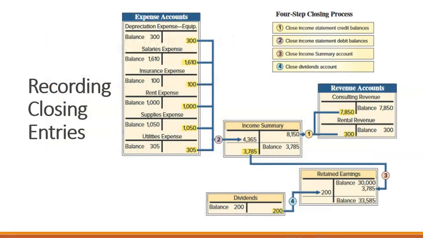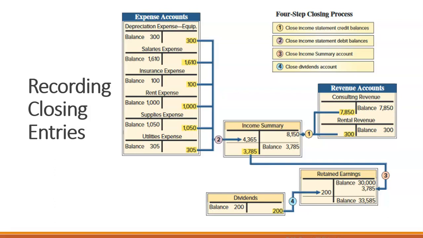So we'll look at this example here. So we have all of these expense accounts. The expenses add up to $4,365. So we have those in income summary. Then we have all of our revenue accounts. Our total revenue is $8,150.